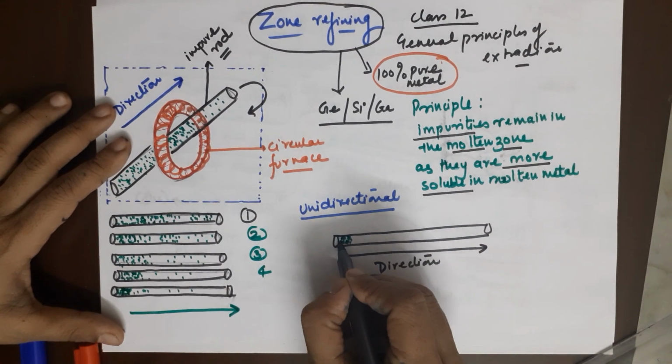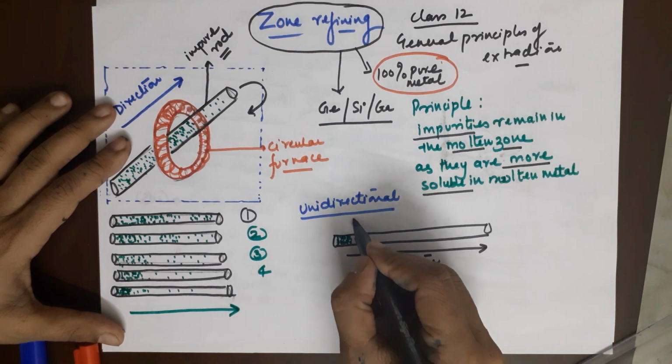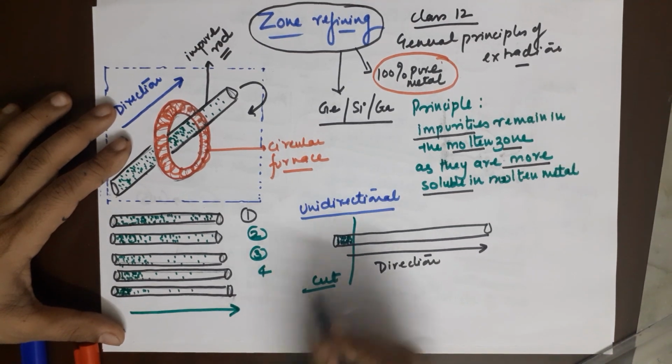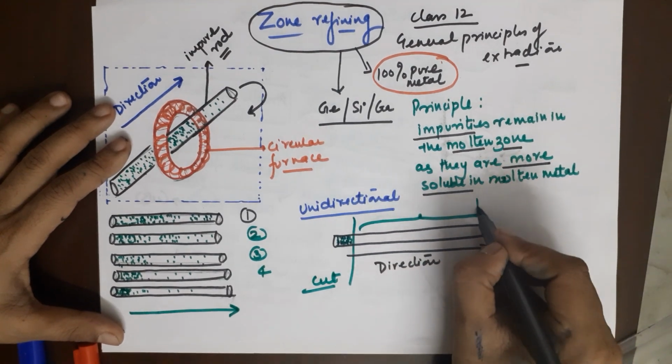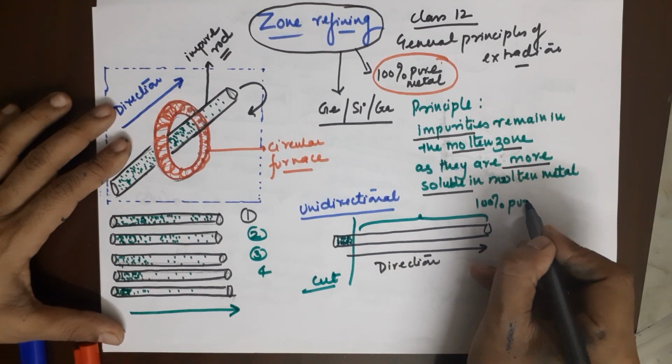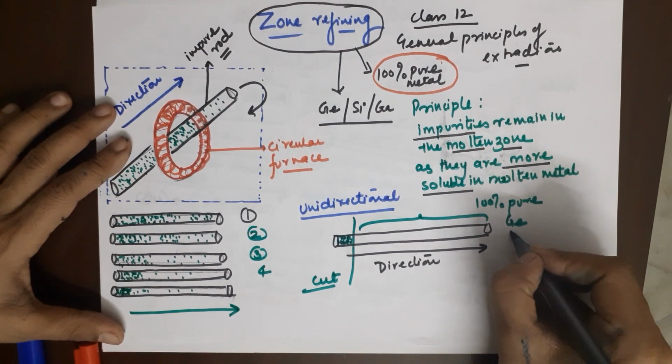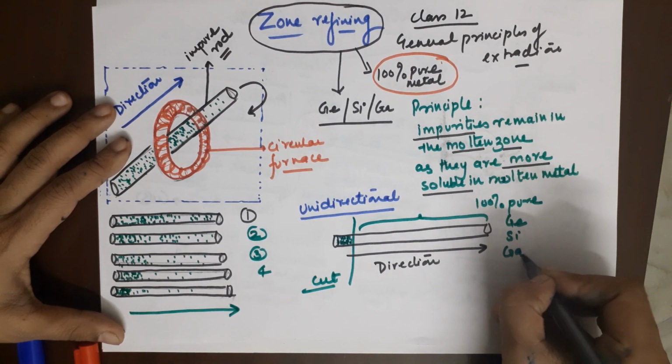Once you have your accumulated impurities on this side, just cut it out and you are left with the 100% pure metal like germanium, silicon or gallium.